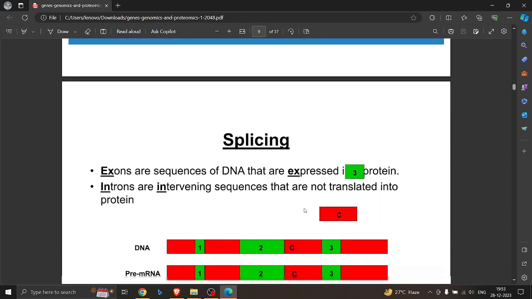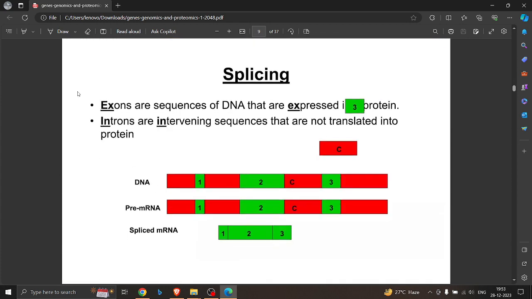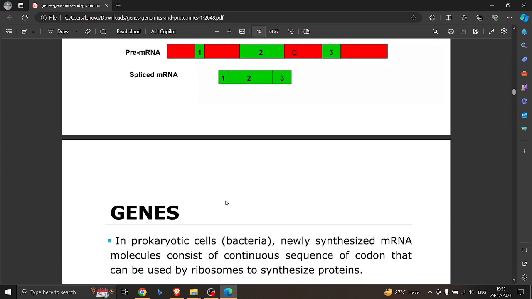Next, splicing. What is splicing? Exons are sequences of DNA that are expressed as protein. Introns are intervening sequences that are not translated into proteins. This is a diagram which illustrates that.